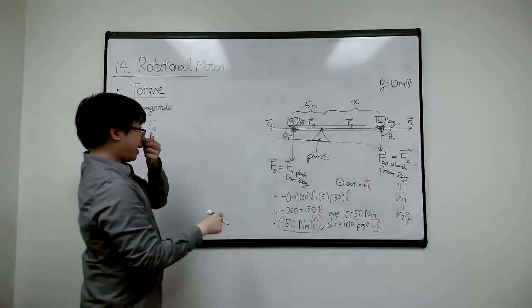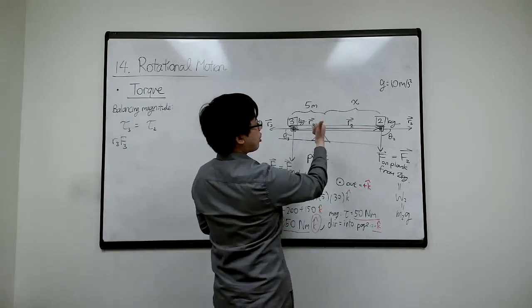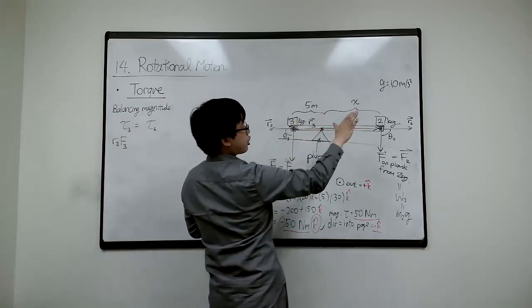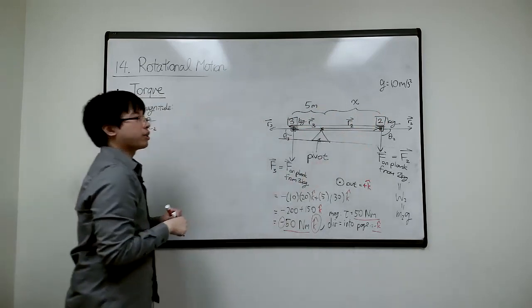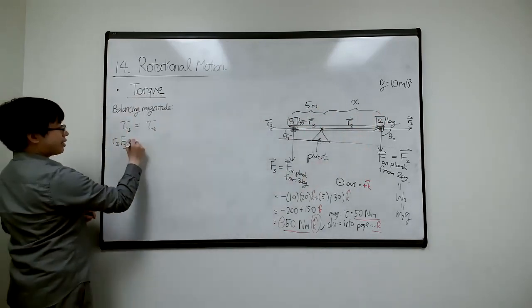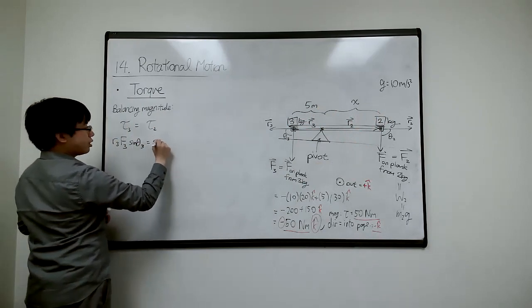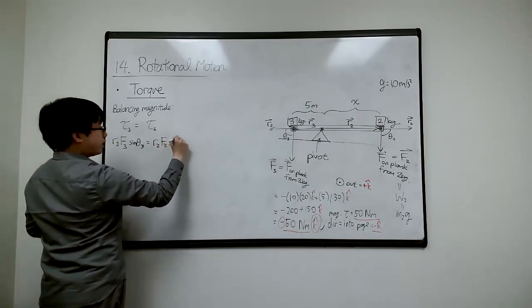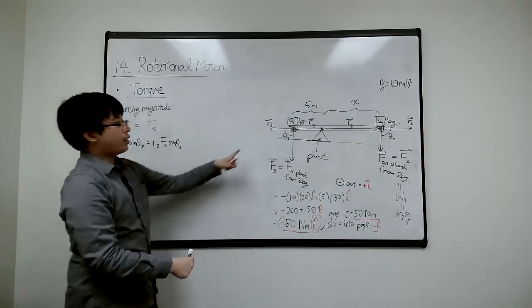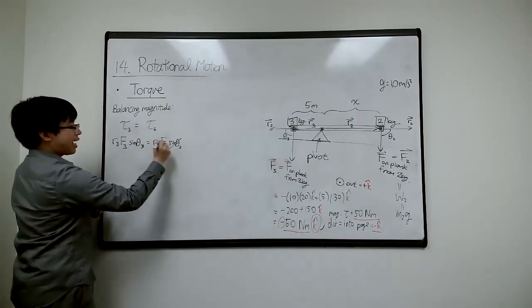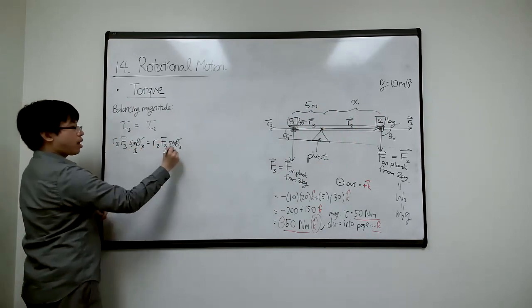So if you don't want to rotate, the magnitude of the torque out of the board had better equal the magnitude of the torque into the board. Since we know that these are 90 degrees, the sine would just be 1.